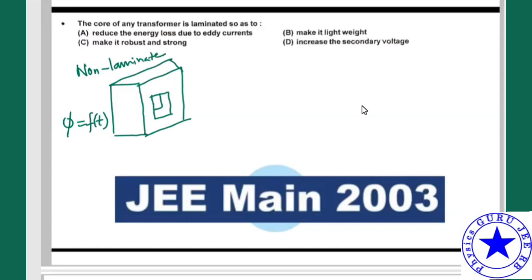Hope it is clear. Next, we proceed with the laminated core. When it is laminated, it looks like this. The same diagram I can show here.